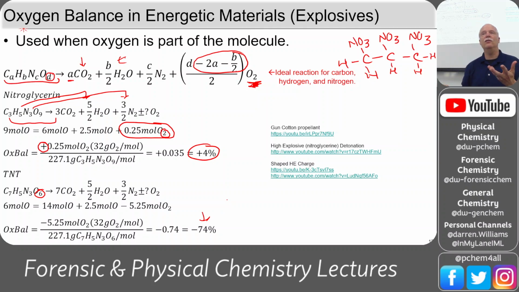It still explodes, but it would be better if we had more oxygen put in there. And so sometimes to juice up TNT, they'll add in an energetic plasticizer or something like nitroglycerin to provide a little bit more oxygen. And so you can take TNT and spice it up by making some other kind of composition. And that's where all these different explosive compositions come from.